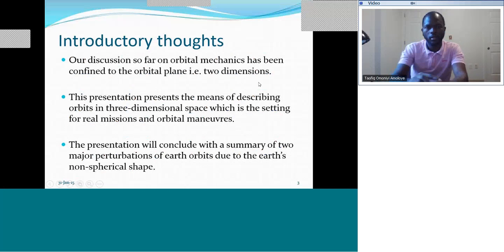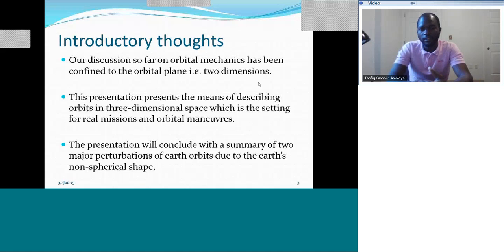So we know that our discussions so far on orbital mechanics, AAE 313, were confined to the orbital plane. That is, everything we were talking about was just in 2 dimensions: the orbital plane, the gravitating body, and the orbiting body were all, their motions were all in the orbital plane, confined to 2 dimensions.